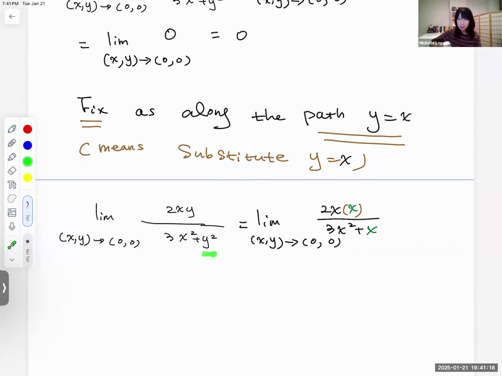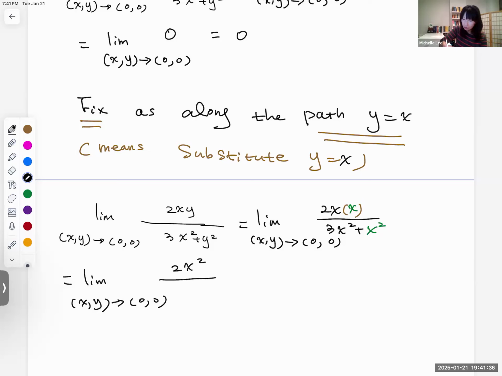We have a y squared, so x squared. Then in that case, we have the limit as x, y approaches 0, 0 of 2x squared over the denominator 4x squared. Simplify, we get the limit as x, y approaches 0, 0 of 1/2. That's it, right?